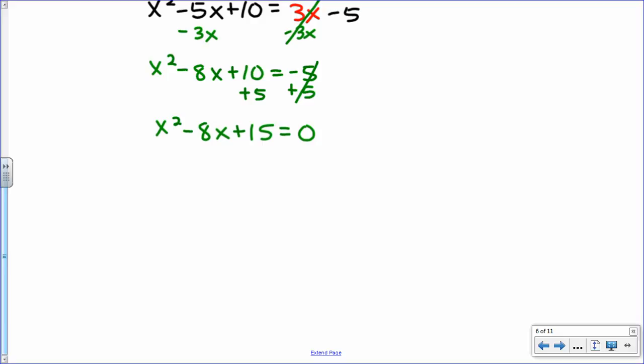Does this one factor? Yes. A quick way to know is to do b squared minus 4ac, and if that gives you a perfect square, then you know that this would factor. So, factors, things that multiply to be positive 15, that add to be negative 8. Good. So x equals 5 and x equals 3.